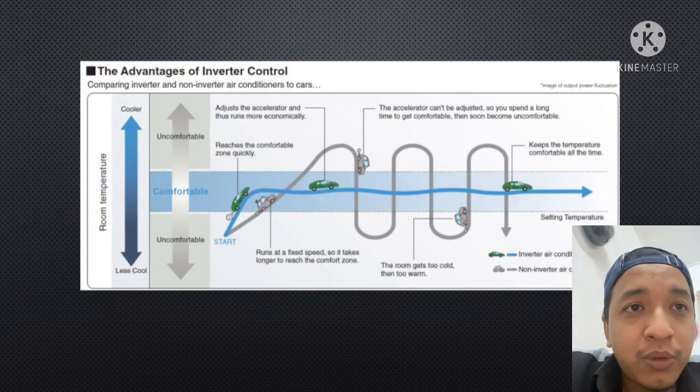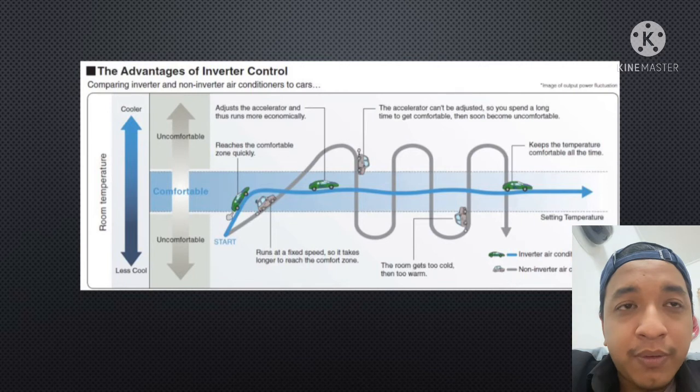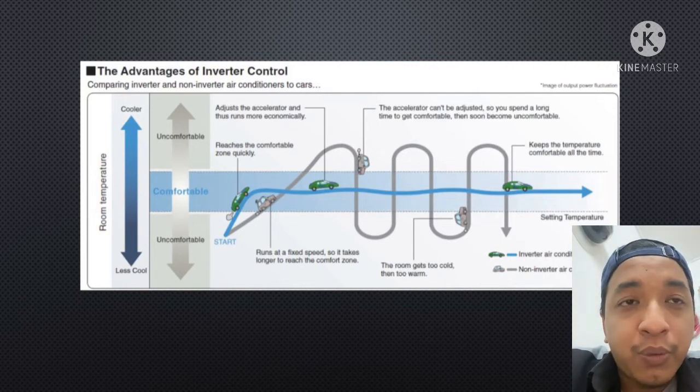The blue line is the inverter air conditioner, and the silver line is the non-inverter. So you can see the flow of an inverter is constantly in the comfortable zone compared to the wave of the non-inverter that has cracked.